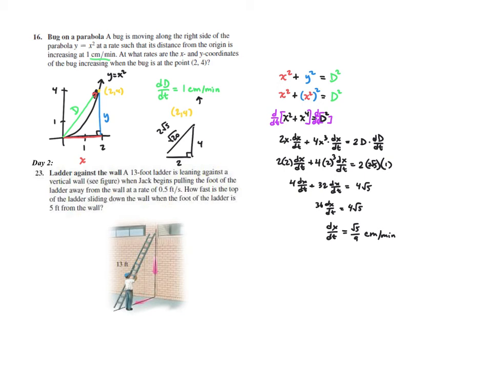Now notice the slope on the curve, y equals x squared. It looks like y is going to be changing at a rate much larger than the x value. You can see that dy/dx there is probably greater than 1. Therefore, the change in y would be greater than the change in x. So let's figure out how we would find dy/dt. If y equals x squared, I could find dy/dt by differentiating both sides.